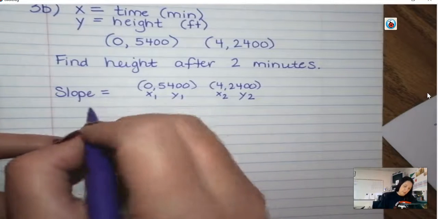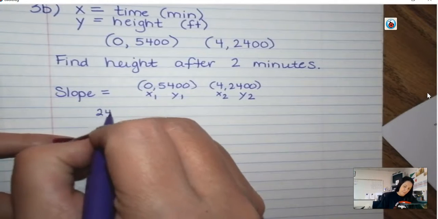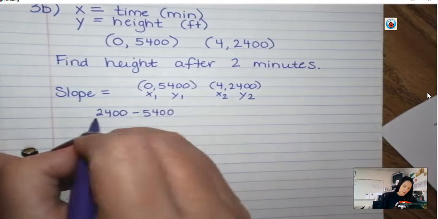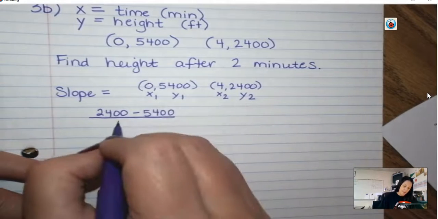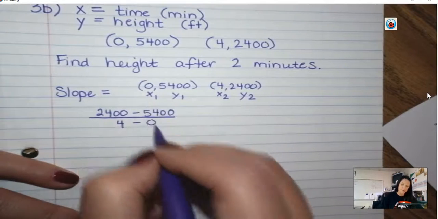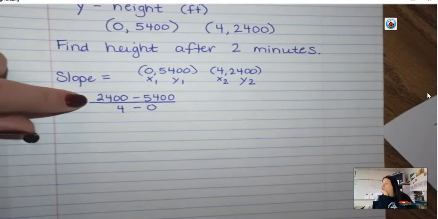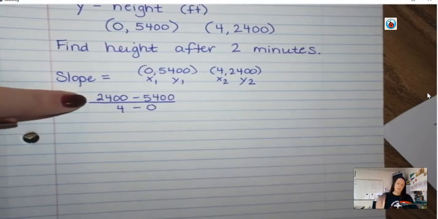Slope is y sub 2 minus y sub 1 over x sub 2 minus x sub 1. Okay, use your calculator and figure out what the slope is.